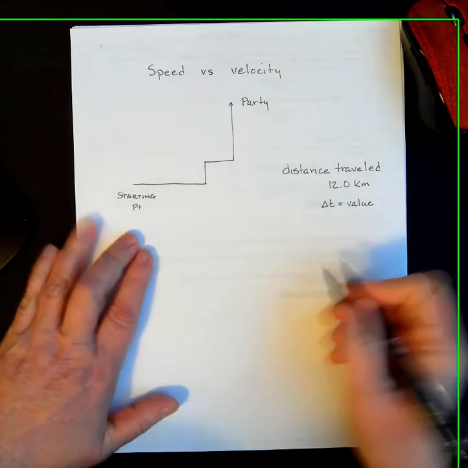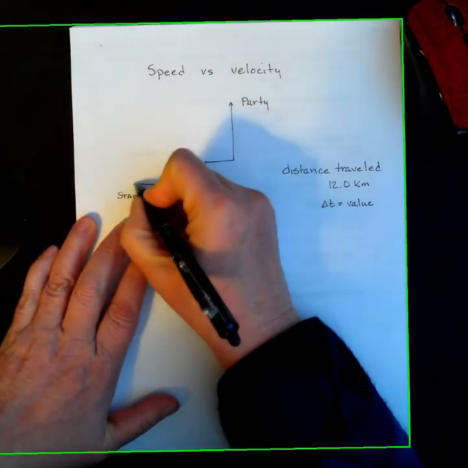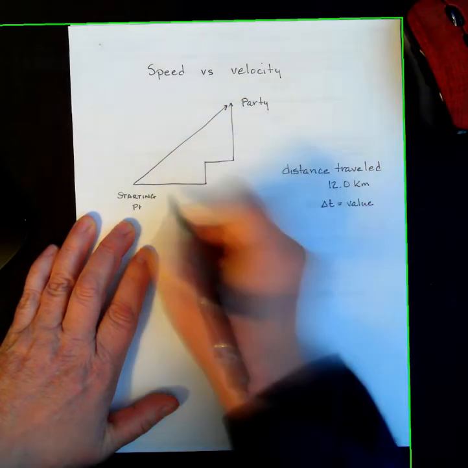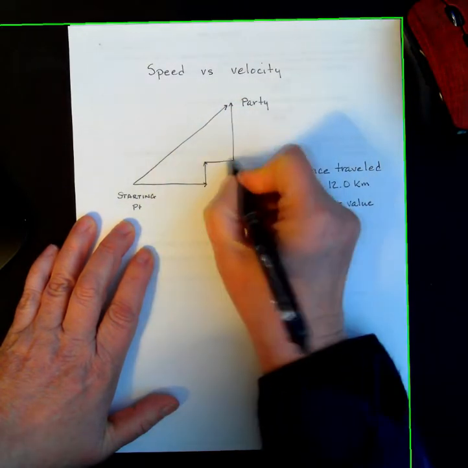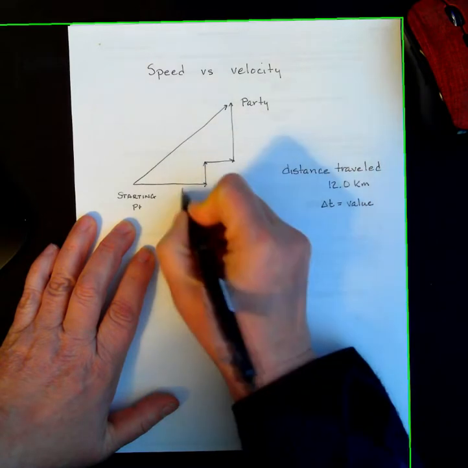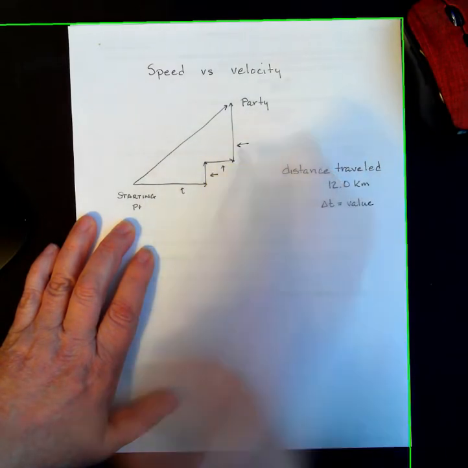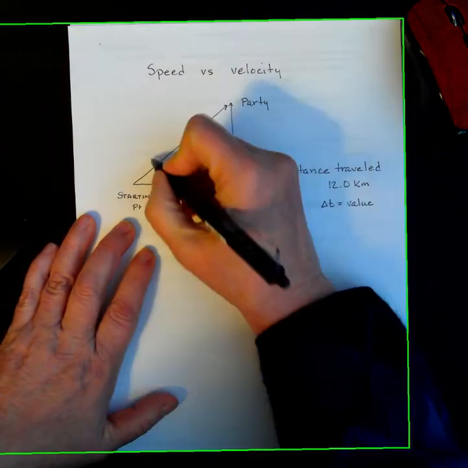But then we talked about the displacement. So this part here is the distance traveled because we had to do it in each individual segment. But this is our displacement.